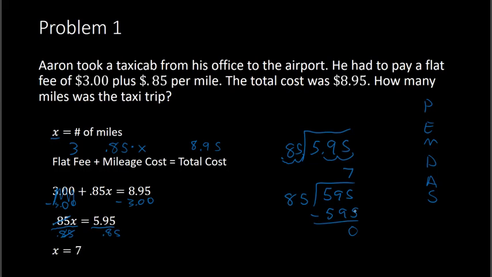So my answer is 7. So the question now is, what does this mean? What do we find? Well, this was the number of miles that was traveled. So my answer is that the trip was 7 miles.